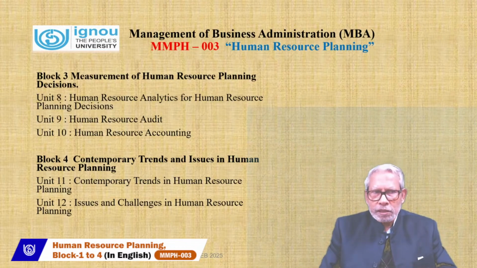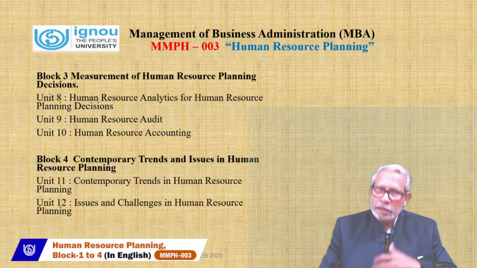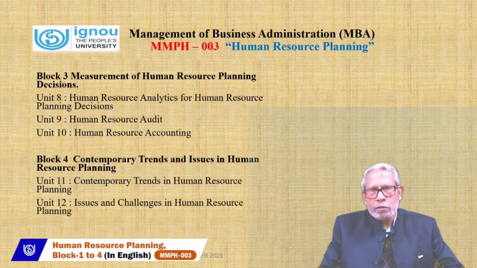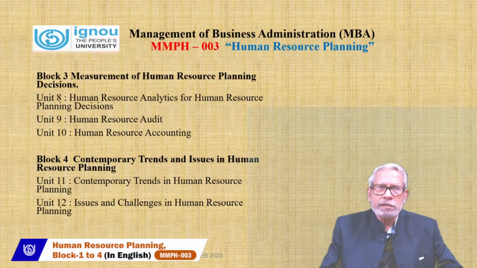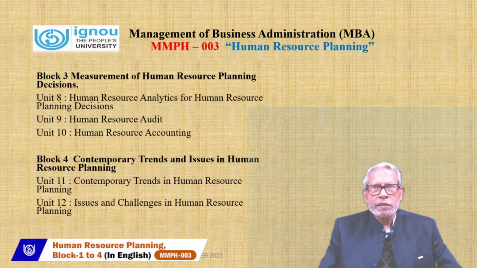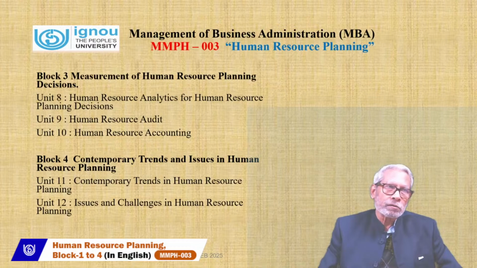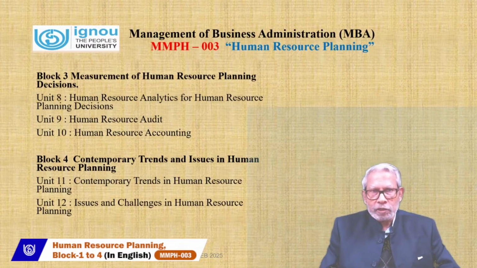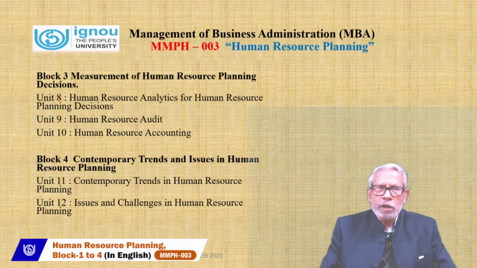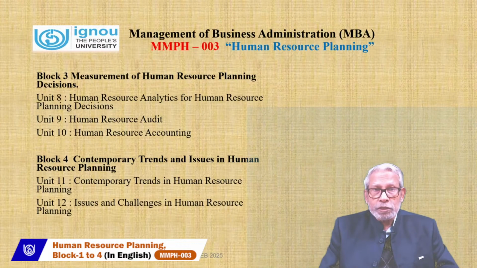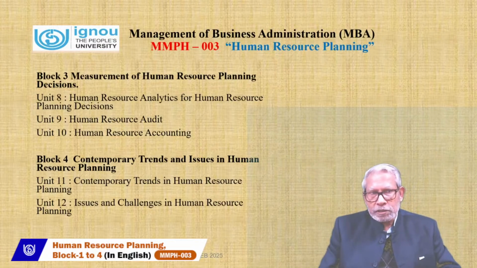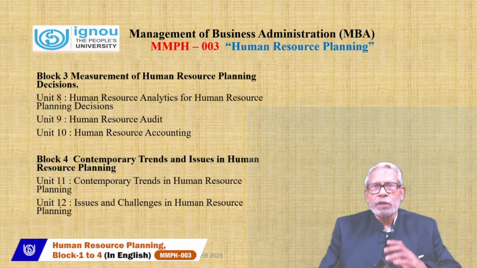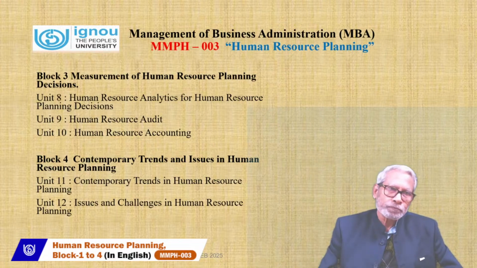There are 3 units about analytics. When it is a question of measurement, definitely some analysis is there, some mathematical hypotheses, regressions and so on. There are also tools and systems to measure things, like the human resource audit, and another is accounting. Units 9 and 10 are particularly important in this block.